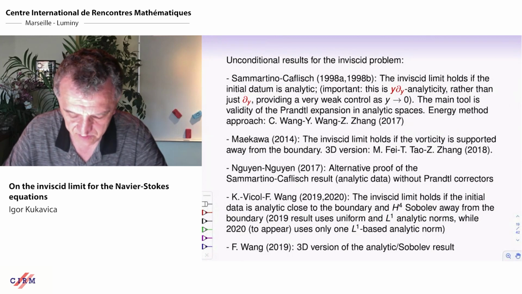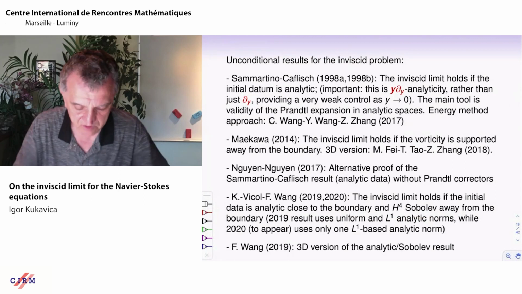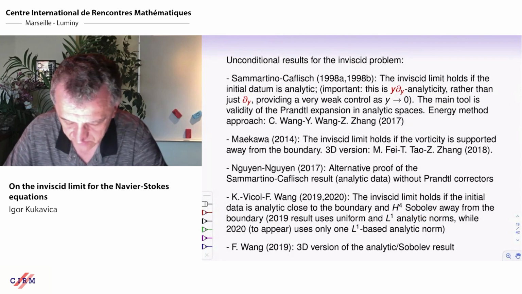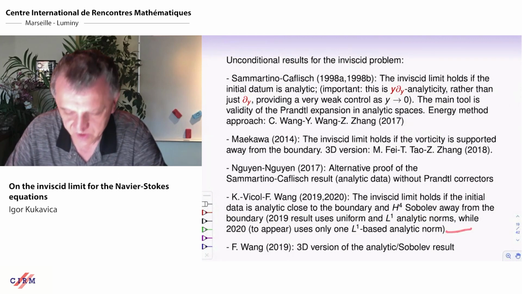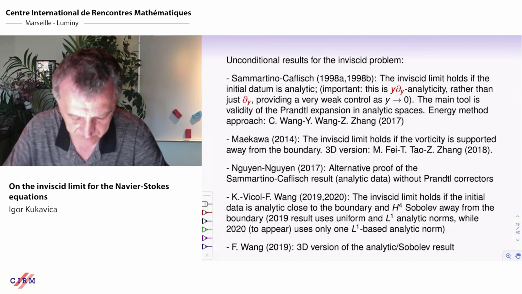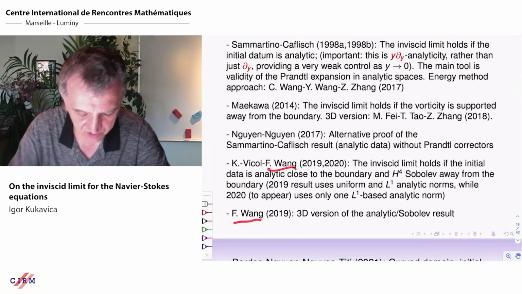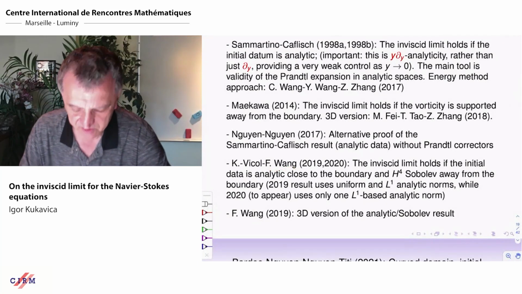And of course, if it's analytic, then it must be Sobolev. So it contains the other two, and I'll get to setting up the spaces later on in this talk.